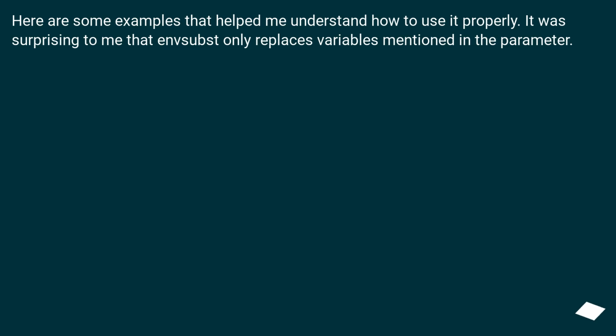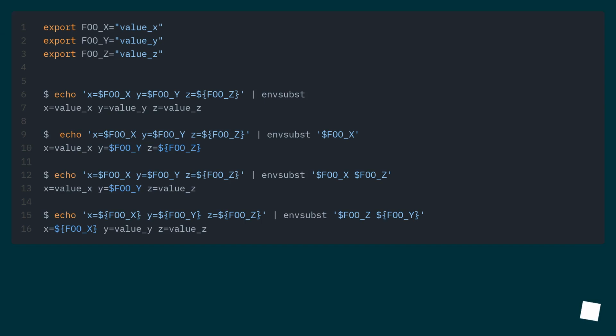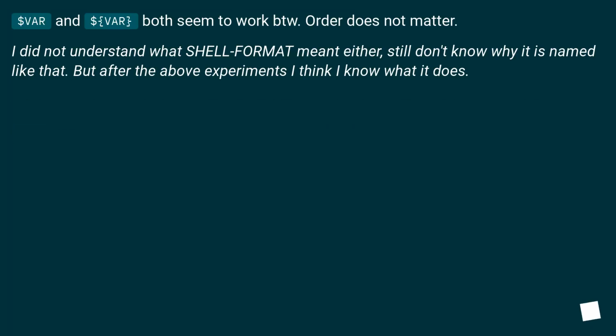Here are some examples that helped me understand how to use it properly. It was surprising to me that envsubst only replaces variables mentioned in the parameter. $var and ${var} both seem to work, by the way.